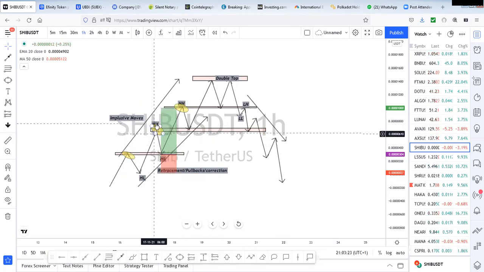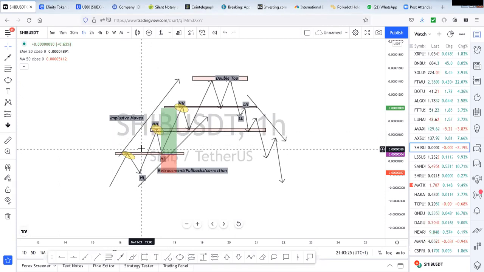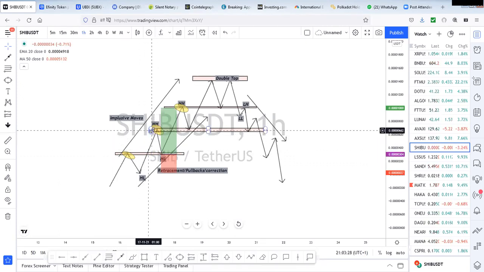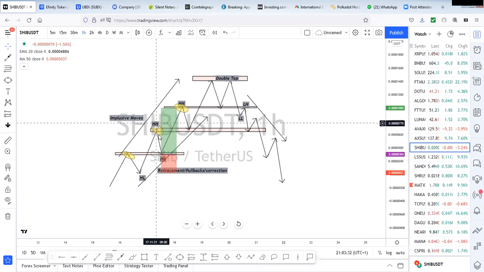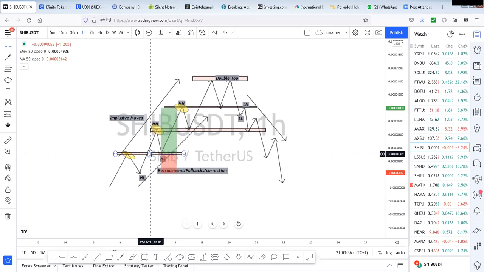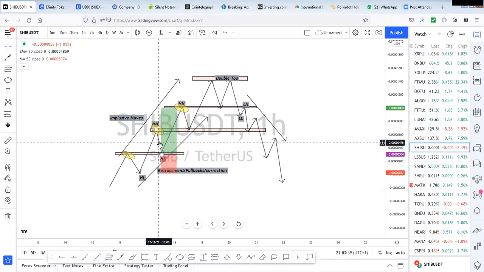The higher highs are the resistance level. That's why they say, if you want to buy a coin, if you want to purchase a project, don't buy at the highs, because if you buy at the highs, you definitely witness a drawdown.